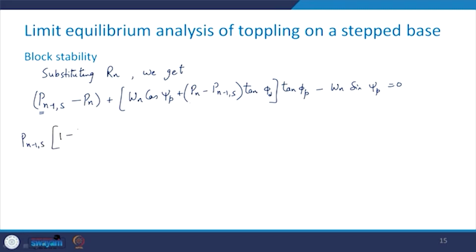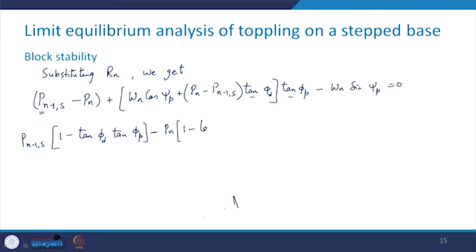This will be 1 minus, and here you will have this and this, so it will be tan of phi d into tan phi p, and minus Pn, again you will have 1 minus, because I have taken the minus sign here. So, here this is with the positive sign, so this will become minus.